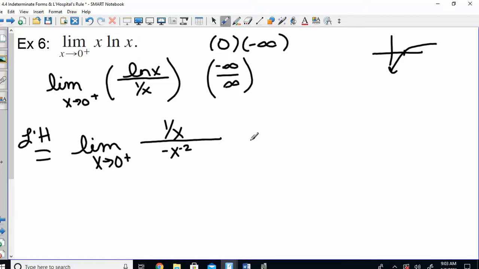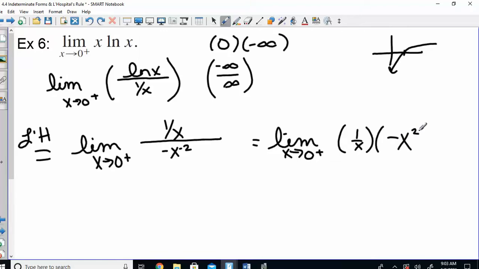Okay, I recommend cleaning this up before we try to evaluate that. We have a 1 over x, and negative x to the negative 2. If you bring that x to the top, the exponent would become positive, right? When you change floors, you change signs. So that's like a negative x squared.